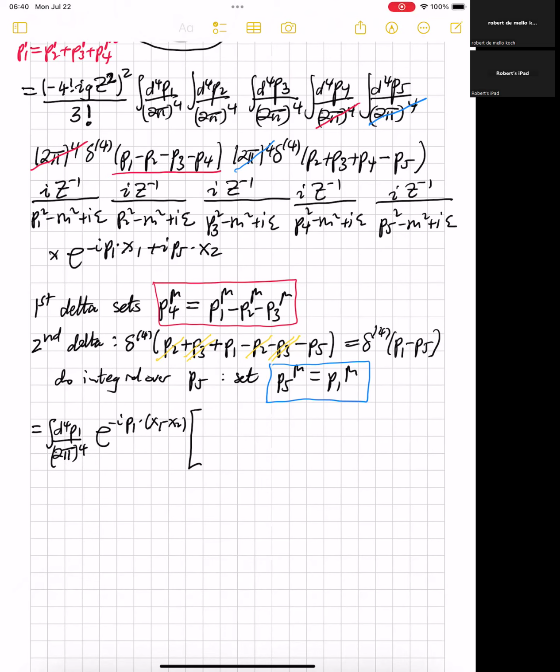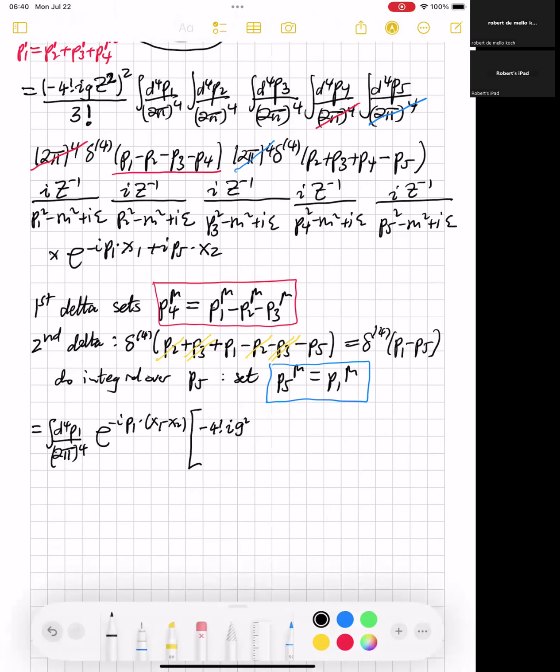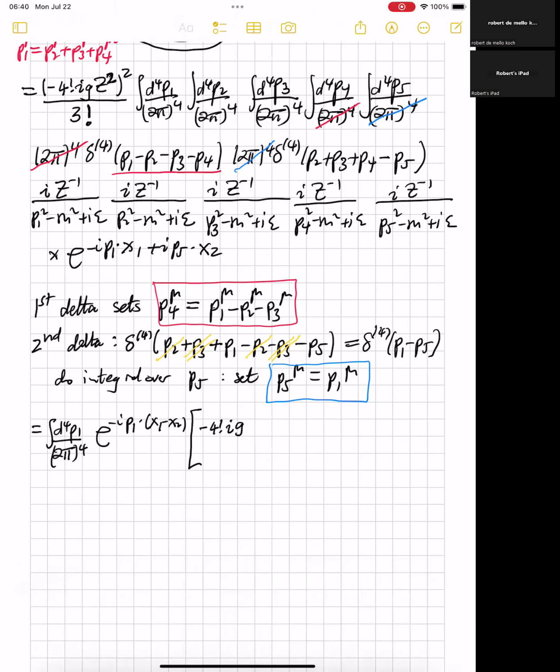So we will have minus 4 factorial i g Z squared, this will be squared, and it will be over 3 factorial.